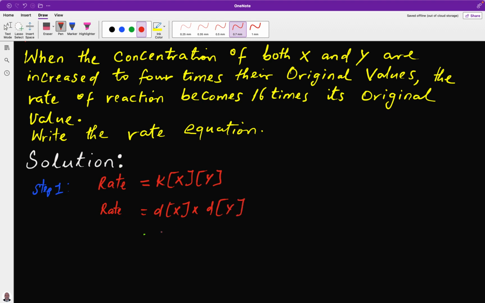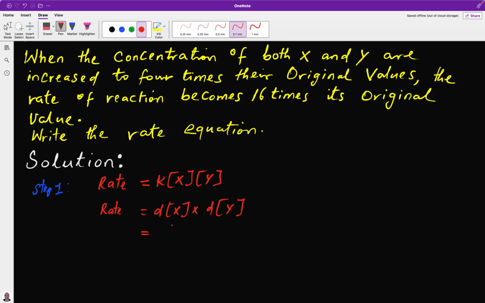You will see that the change here is, since their concentration, remember once more, fellow learners, the square bracket symbolizes the concentration of a particular reactant.